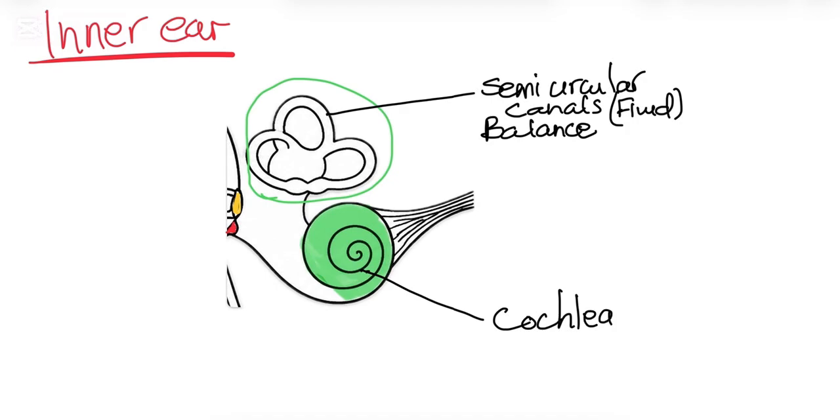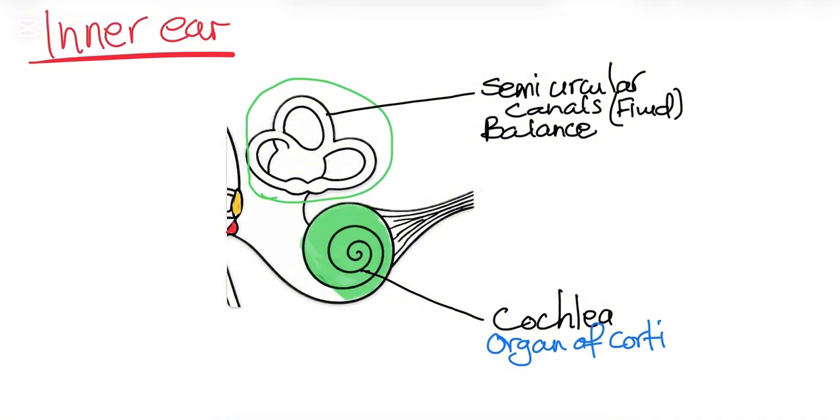The cochlea houses a very important receptor, which is known as the organ of Corti.